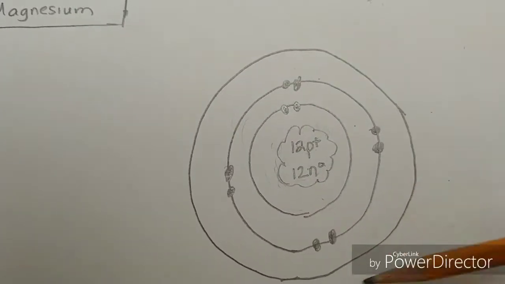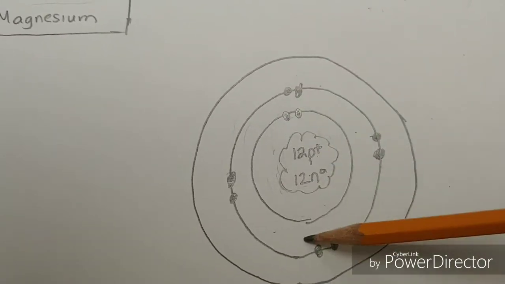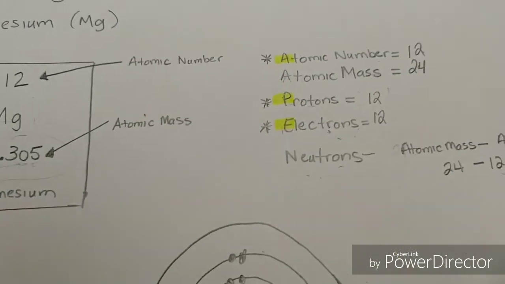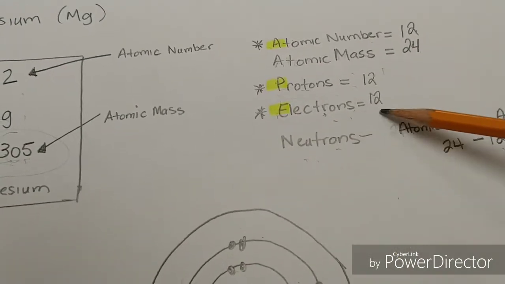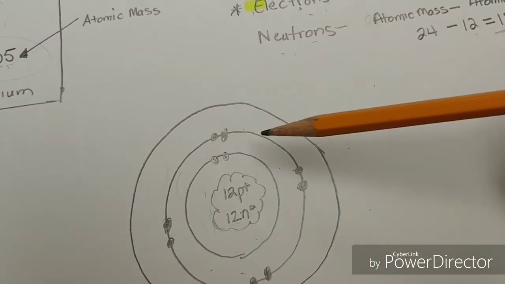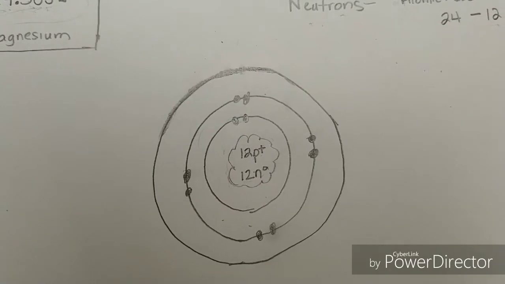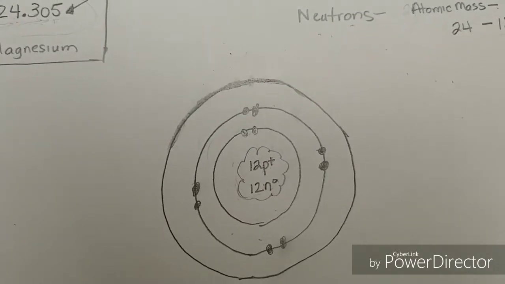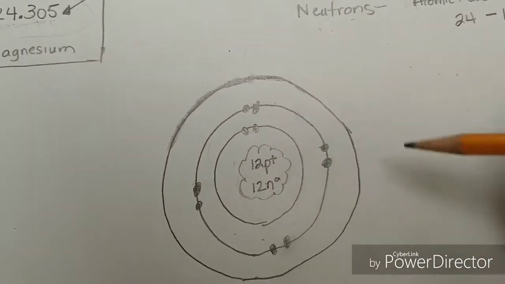Okay, the last ring. We have 8 on the second, 2 on the first. That's 10. And remember that magnesium has 12 electrons. If we have 10 already, that means we're missing 2. As you're getting ready to draw the electrons on the last ring, I want you to do them in the same fashion we did on the second ring.